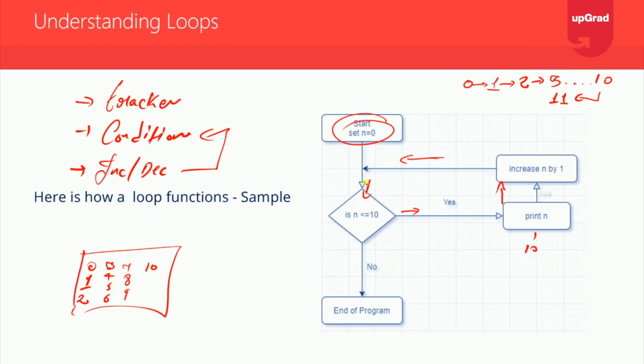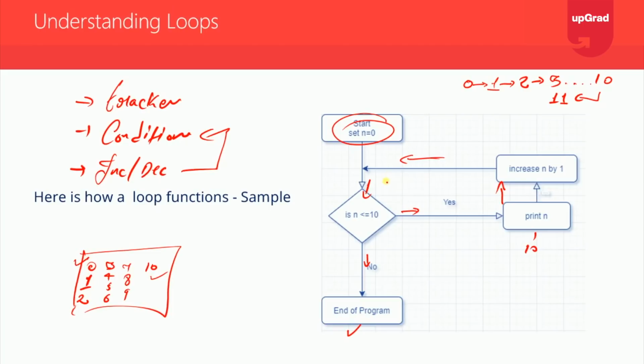We'll check the condition if n is less than or equal to 10. 11 is not less than or equal to 10, so it will follow the no branch and terminate the program. So the output of this flowchart is from 0 to 10.